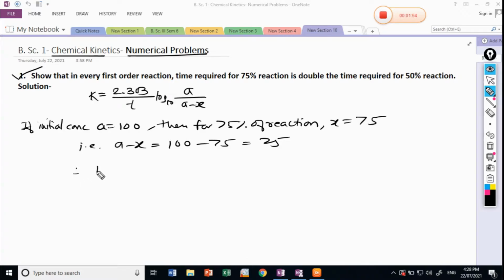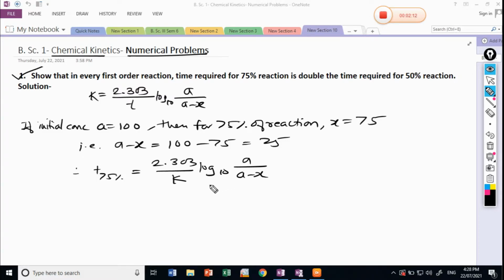So therefore t 75% is equal to 2.303 upon k, log to the base 10 a upon a minus x.